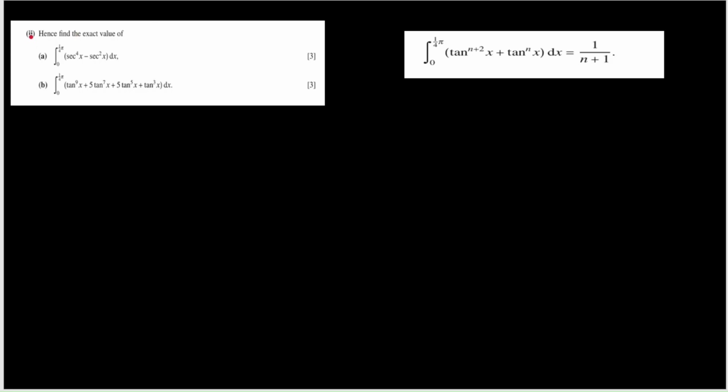The second part says: hence find the exact value of this, the a part and the b part. It uses the word hence, which means something from the above part is going to be used over here. So the word hence is a hint in this question that something from the above part is going to be used. The hint is that I will try to convert this expression into tan x.